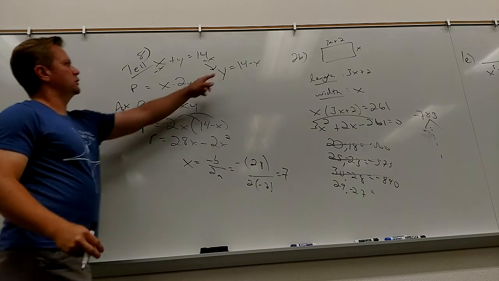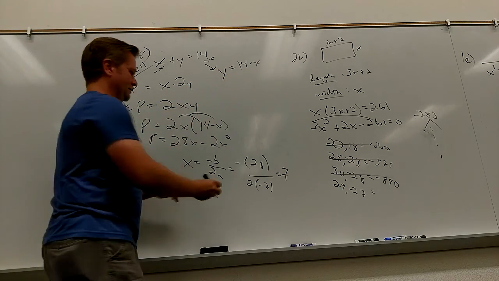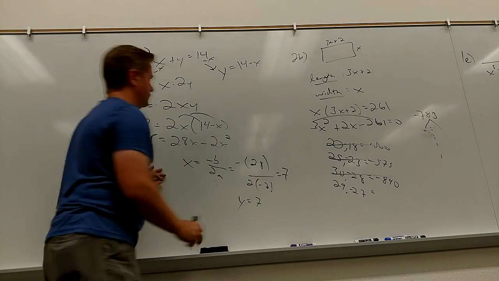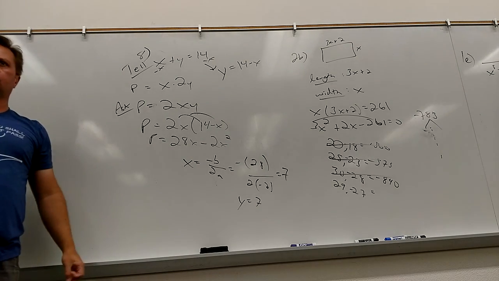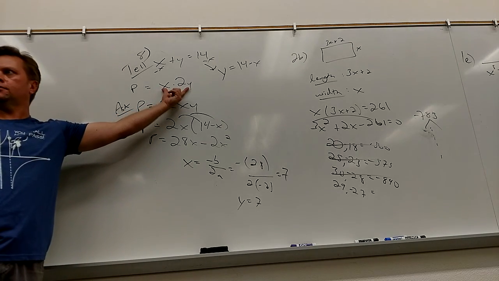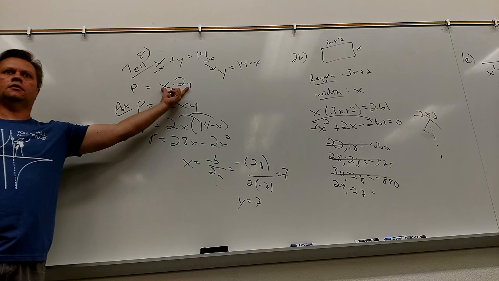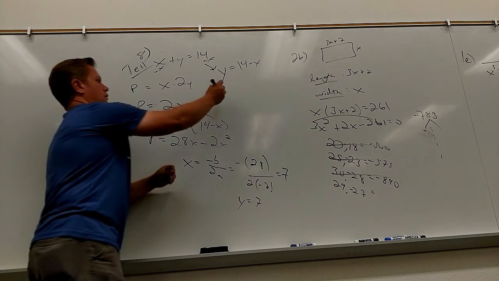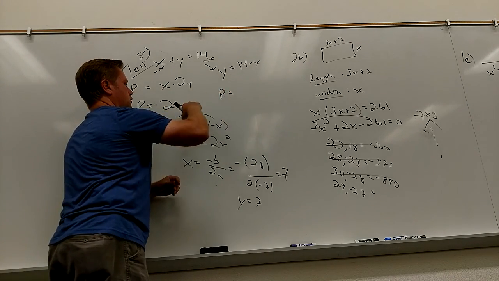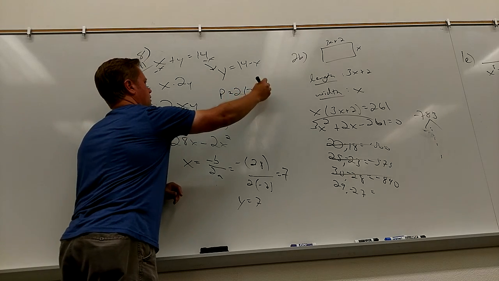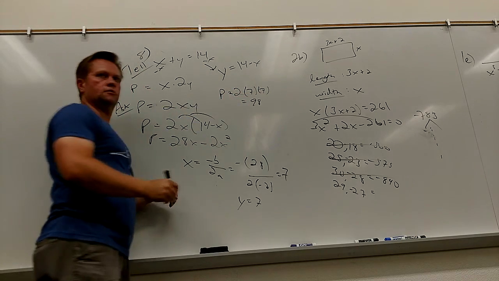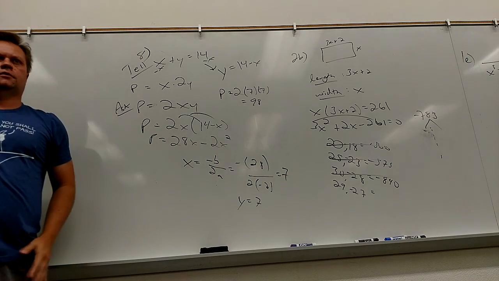If x is 7, what's y? 7. And then what's the biggest product going to be? It'll be 2 times x times y, so it'll be 98. That's the biggest product.